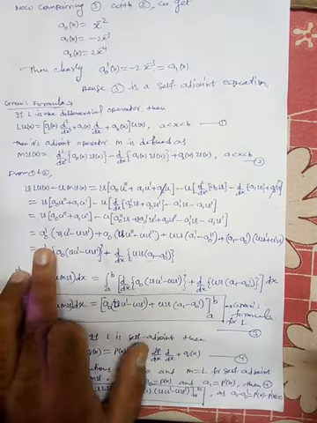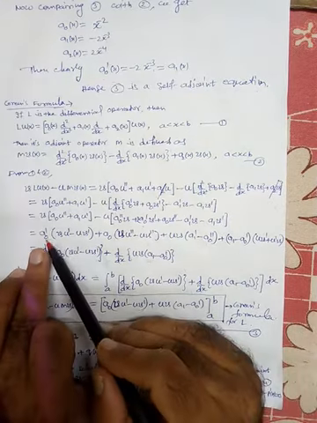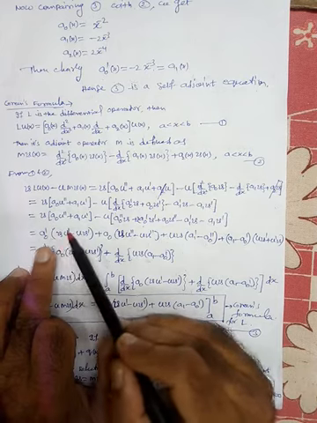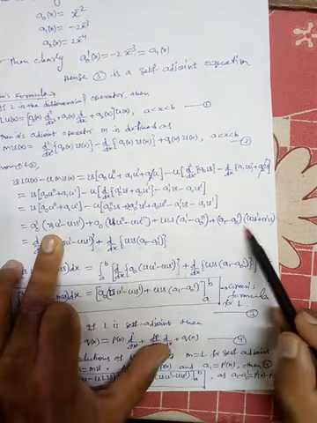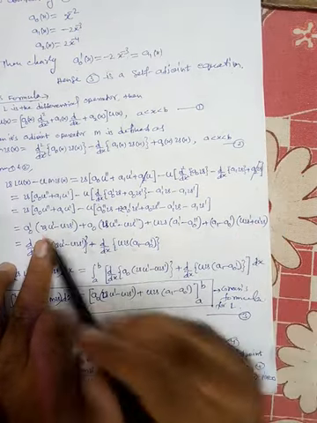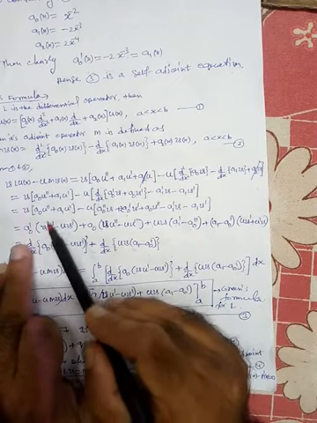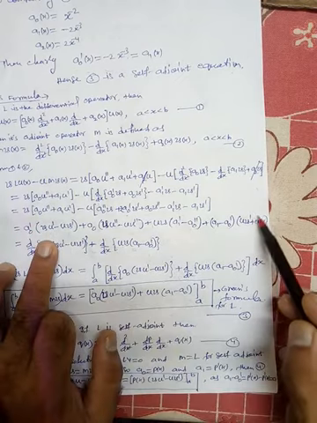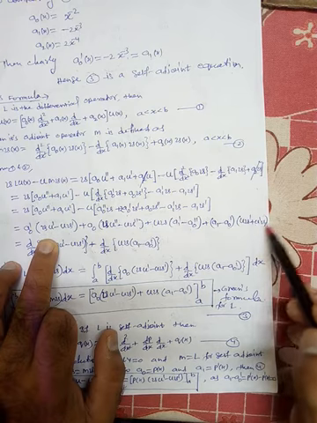Okay, now here a naught dash vu dash is added and subtracted at the same time. Here a naught dash vu dash is added here and subtracted here, vu dash.